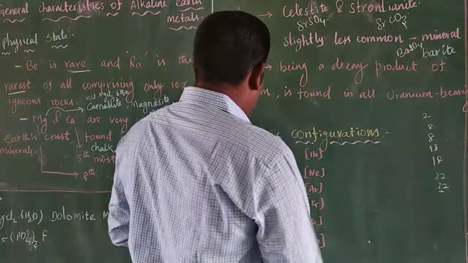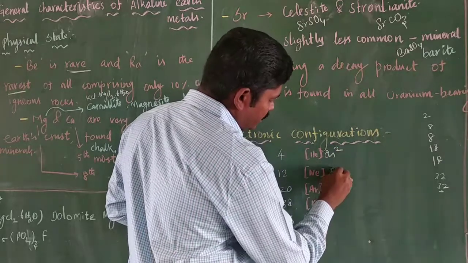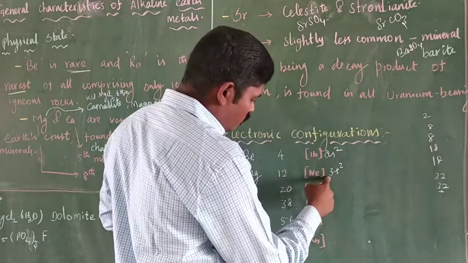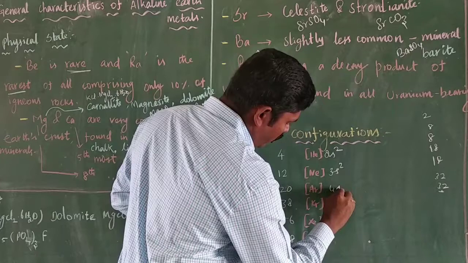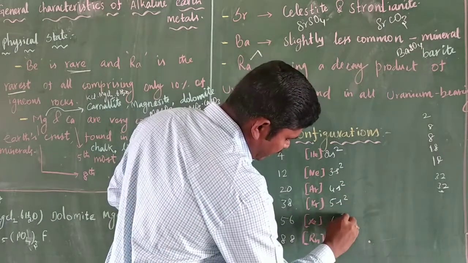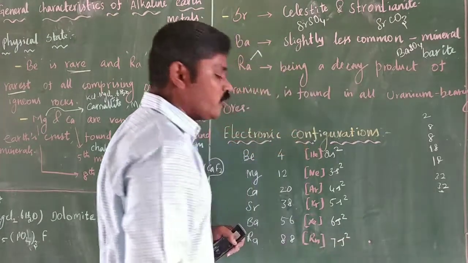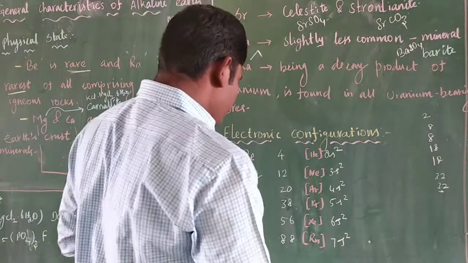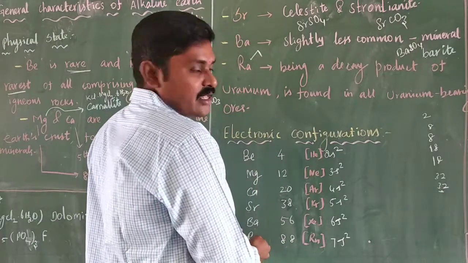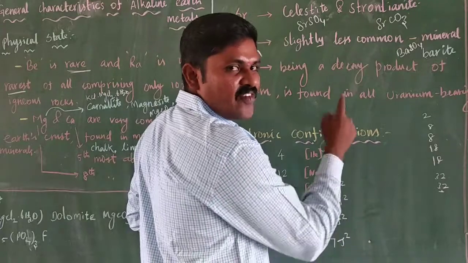So the second period 2s2, third period 3s2, fourth period 4s2, fifth period 5s2, sixth period 6s2, and seventh period 7s2. Thus all the elements contain 2 electrons in the valence shell.